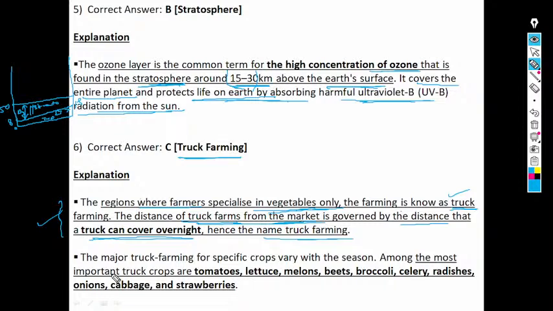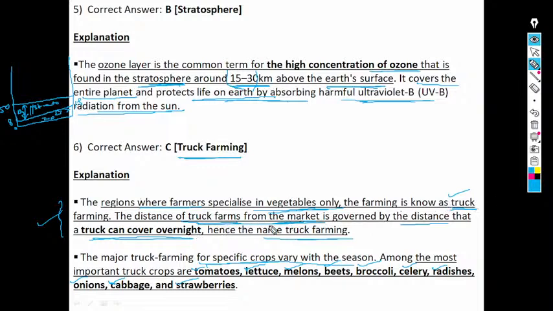The major truck farming for specific crops varies with season. Among the most important truck crops are tomatoes, lettuce, melons, beets, broccoli, celery, radish, onion, cabbage, and strawberries. Farmers specialize in vegetables only, and that farming is known as truck farming.